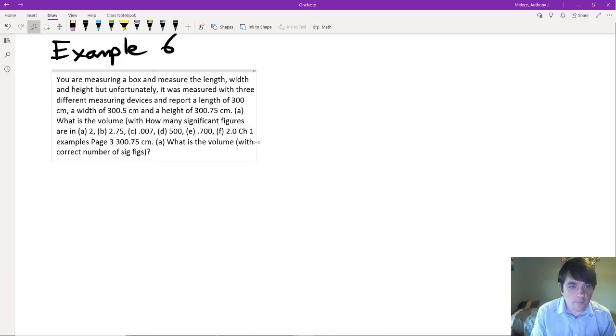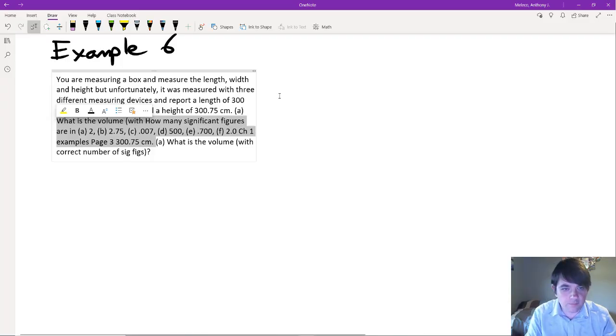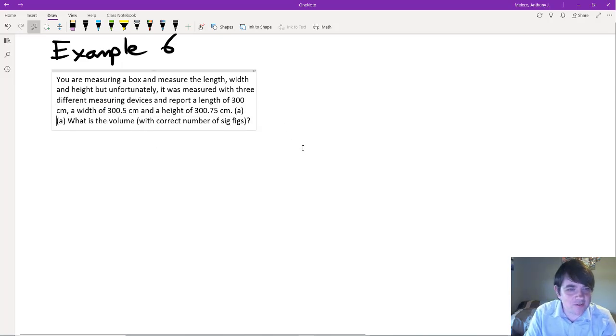And we want to know what is the volume with the correct number of sig figs.